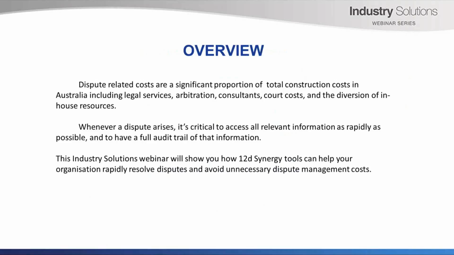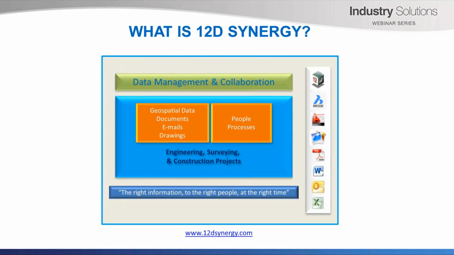This Industry Solutions webinar will show you how 12D Synergy tools can help your organization rapidly resolve disputes and avoid unnecessary dispute management costs. Before I hand over to Michael, let's just quickly review what 12D Synergy is. A data management and project collaboration solution developed by 12D Solutions to help, in particular, engineering, survey and construction firms manage their data, documents, emails and drawings in relation to their people and processes, all within the framework of a project.